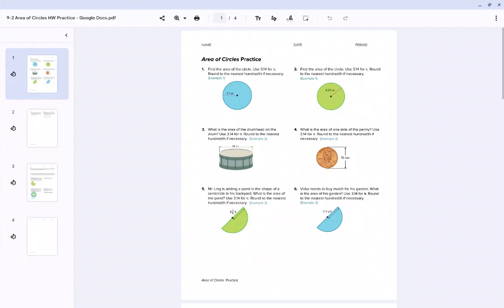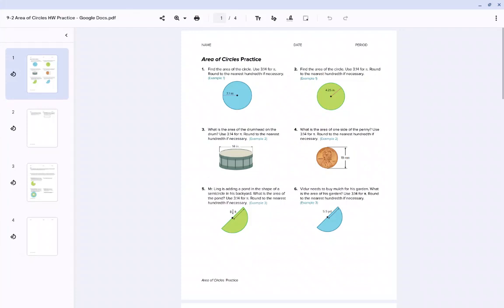So if we plug that in, we've got pi 3.14 times the radius of 7.1 times the radius of 7.1 again. And it says round to the nearest hundredth. So it came out to 158.2874.